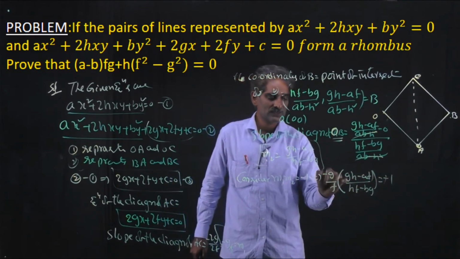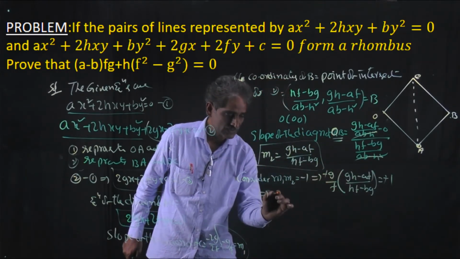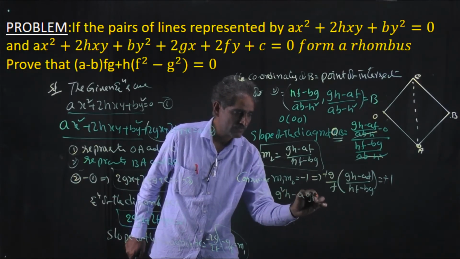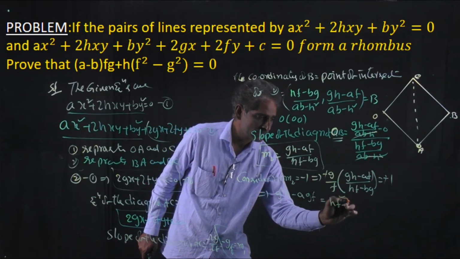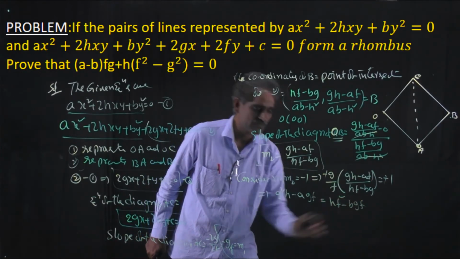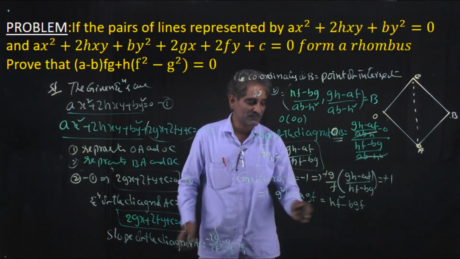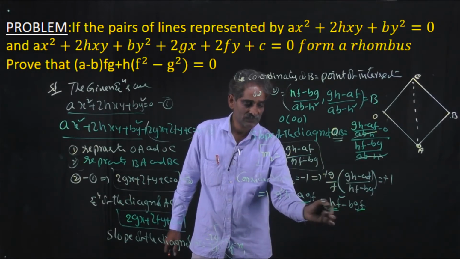The minus gets cancelled. Just simplify the numerator and denominator separately: G square H minus AGF is equal to HF square minus BGF. So what is the required condition? A minus B into FG. Take FG common from these two and H common from these two.